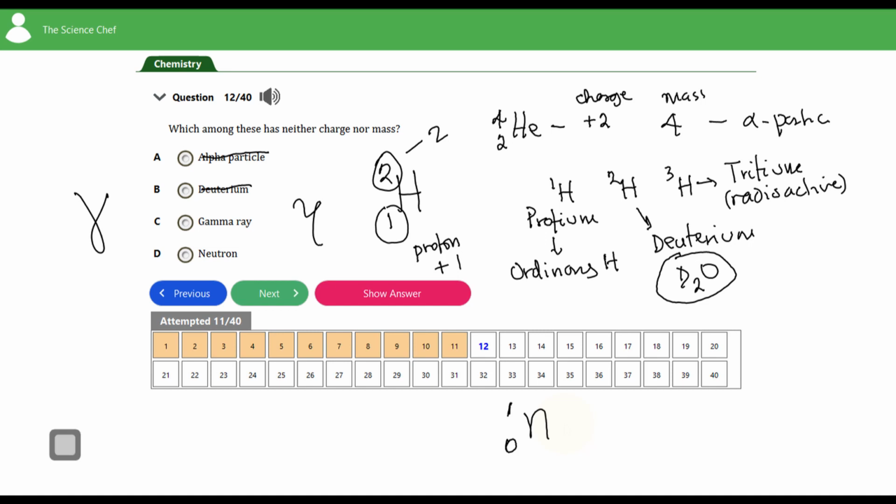It is only the protons and electrons that are responsible for the charge of an atom, while the proton and the neutron are responsible for the mass of the atom. So it cannot be neutron, because neutron in this case has a mass, though it has no charge. So the answer is definitely gamma ray. So let's select that, gamma ray.